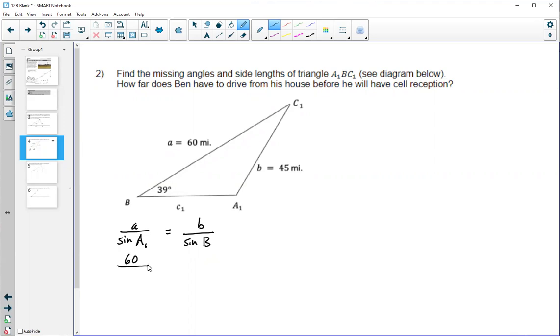So there's the numerator of the fraction. And then the sine of A1 is going to be equal to 45 over sine of 39 degrees.